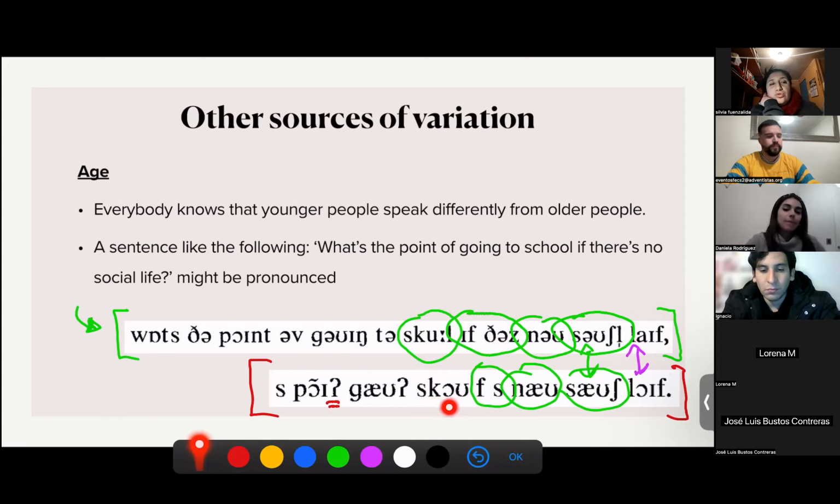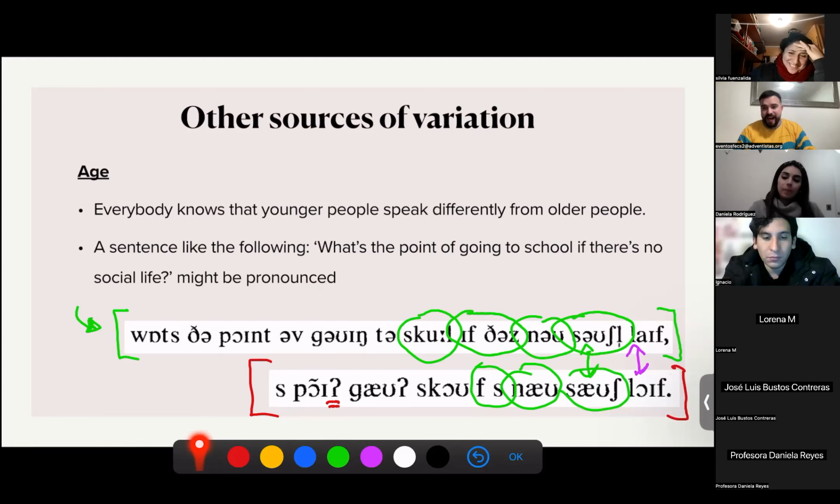This one we have go, go, go. This would be point, point, point. This would be just. So if you see, they make sounds shorter and they eliminate sounds when they speak.